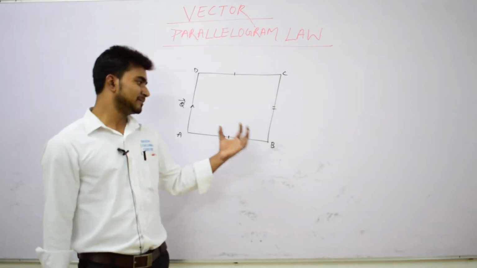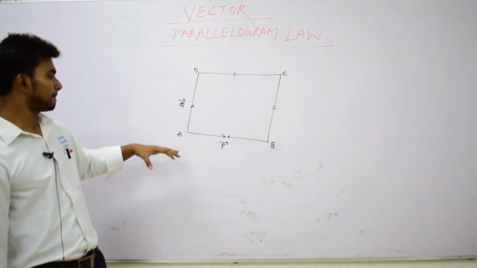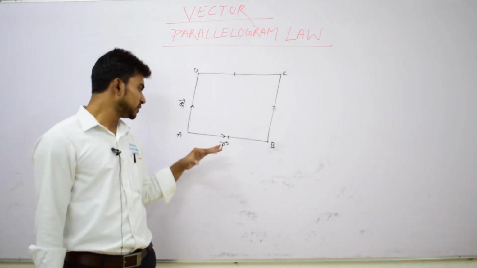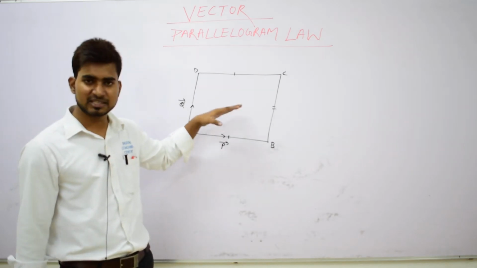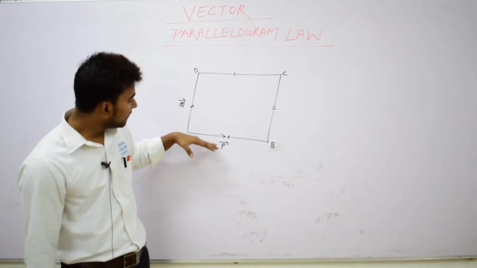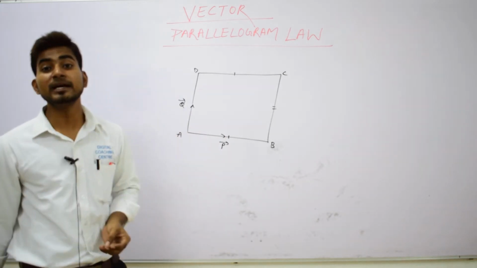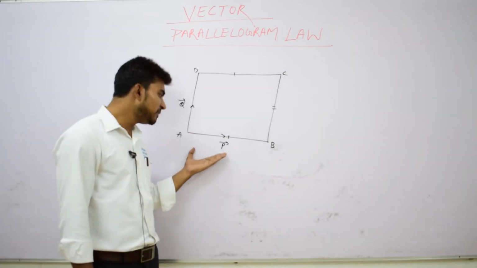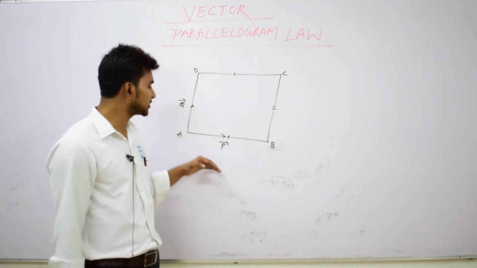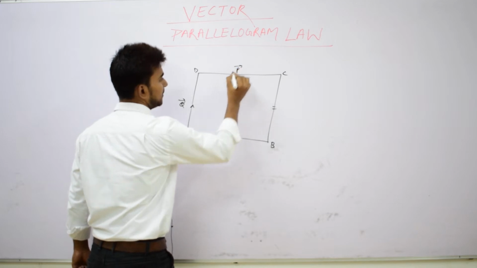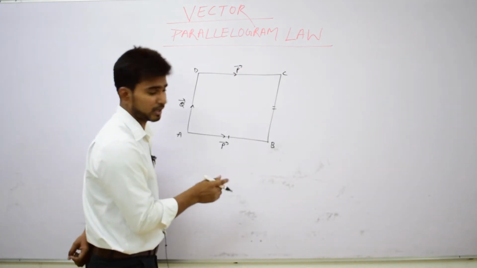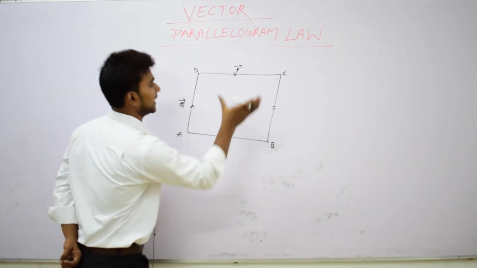Before starting, I want to give you a basic idea. We know that AB and DC are parallel to each other, so parallel sides are represented by the same vector. This means if vector P is applied in the AB direction, then the same vector P is applicable in the DC direction, by projection.